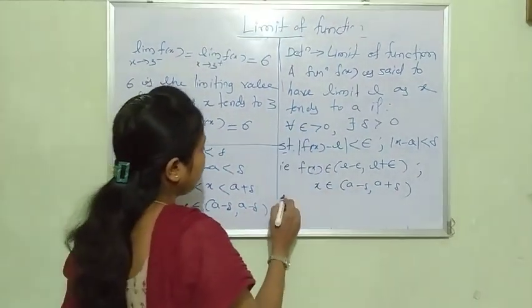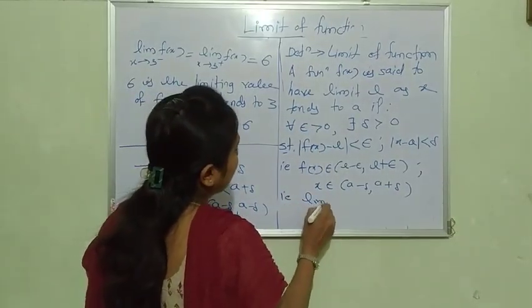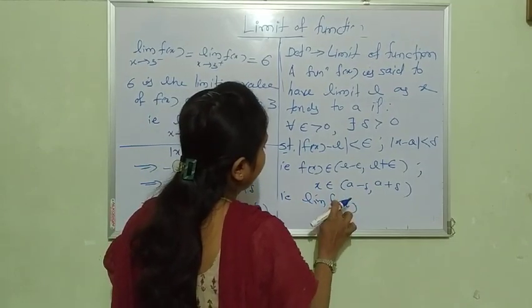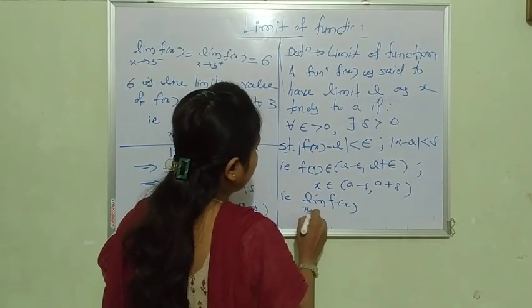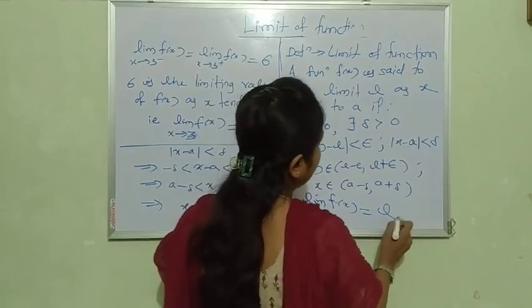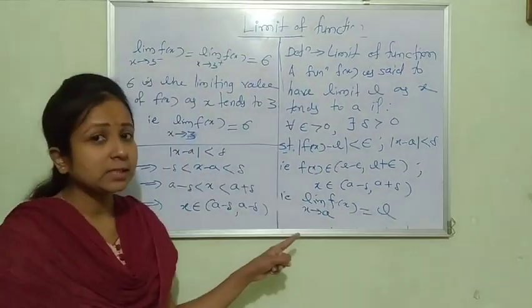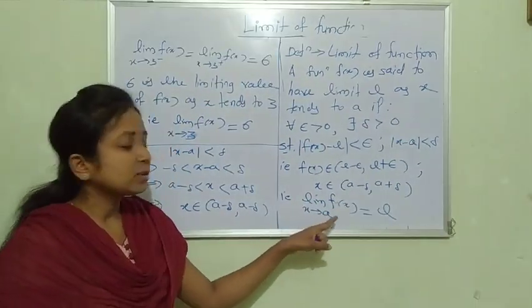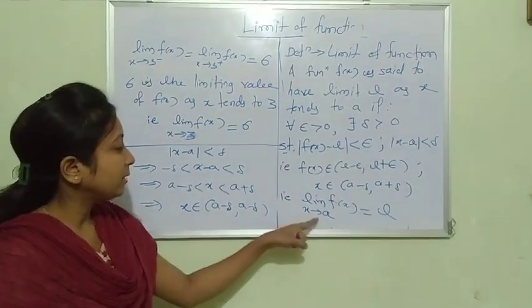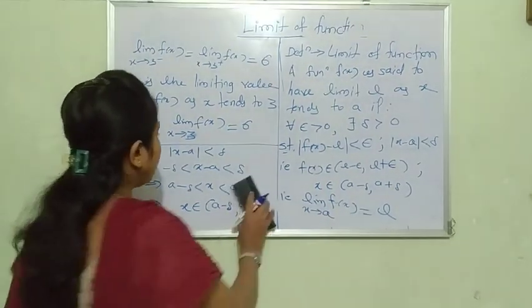That is, symbolically we write it as the limit of f of x as x tends to a equals L. Whenever we write x tends to a, it means x tends to a from the left side as well as x tends to a from the right side.